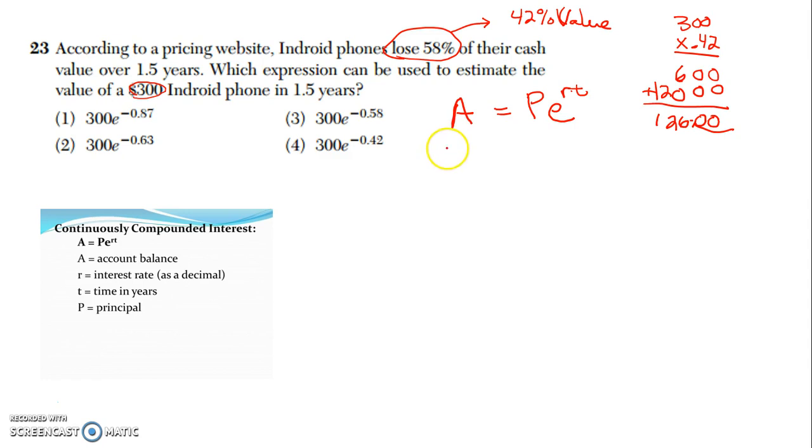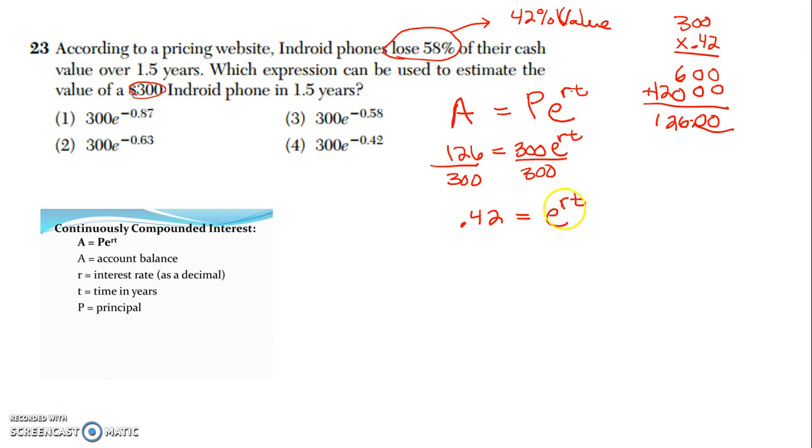Okay, so then 126 is the value now, which equals 300 e to the RT. So then I would divide both sides by 300. What you're really going to end up getting here, 126 divided by 300, is that 42% that's still remaining, equals e to the RT.